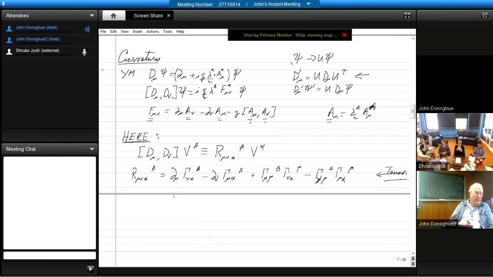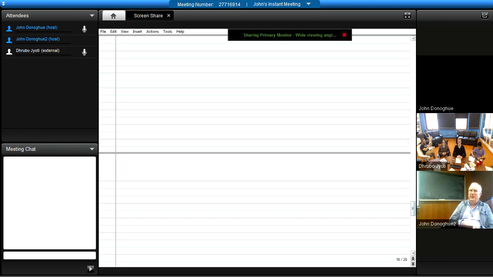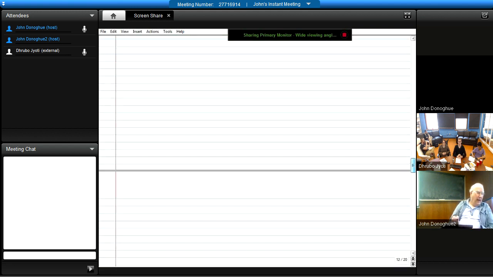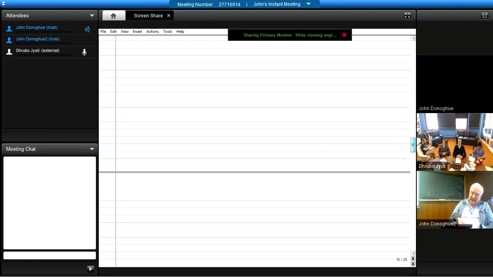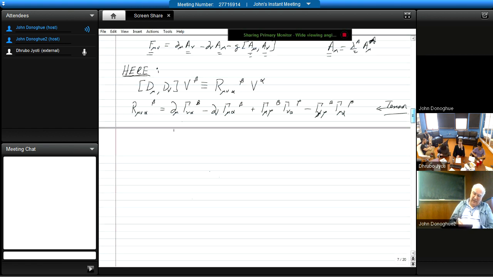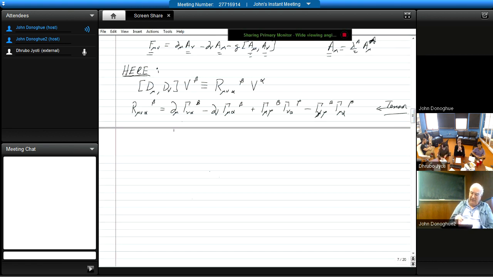In other words, it transforms covariantly by construction. I'll give you the properties in a minute, but let's just define two other things. So this is the Riemann curvature.